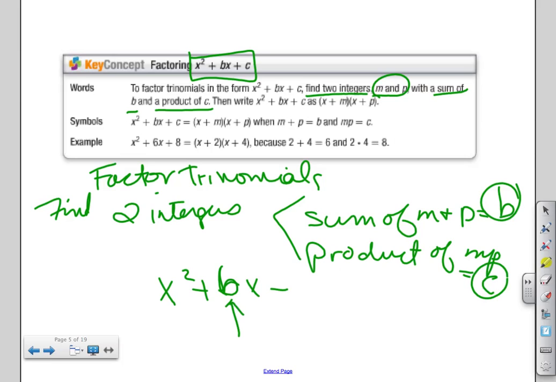That will be the key. We're going to look for those 2 integers that do this. That's how we're going to factor trinomials.